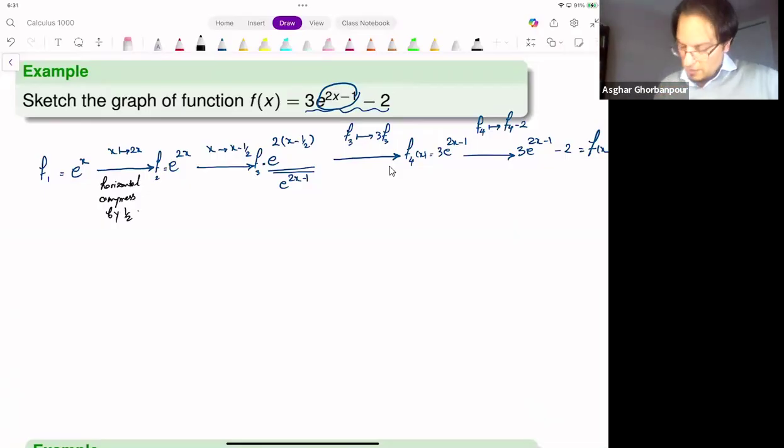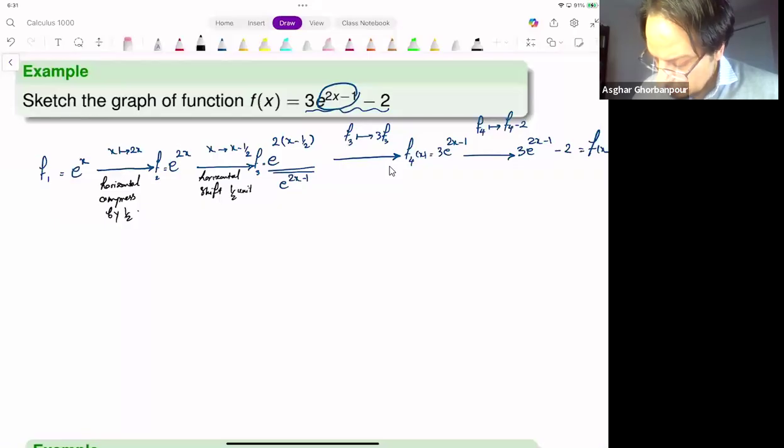Then when I send x to x minus a half, I am doing a horizontal shift, but how much? Half unit to the left.